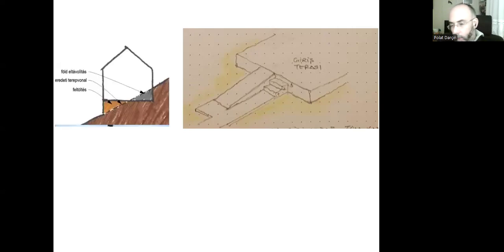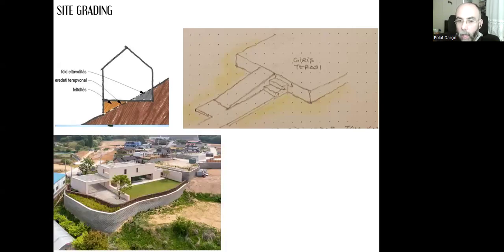And that's very related to the slope of the area. Again, I'm sure you remember one of our previous videos, we talked about site grading. Depending on the slope of the area, we need to design the building integrated with the slope.